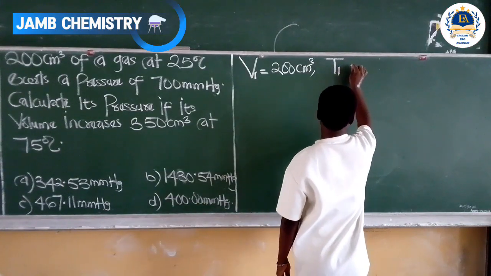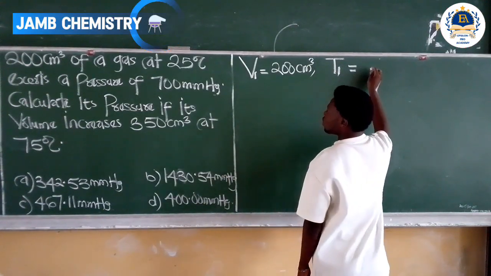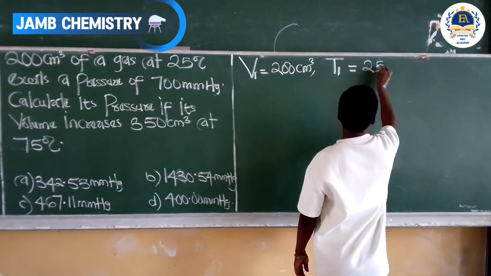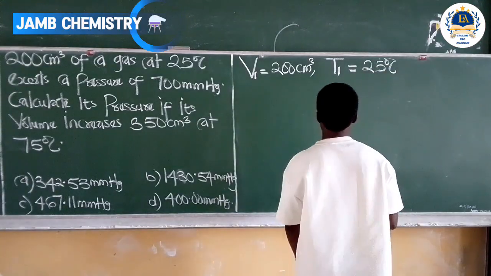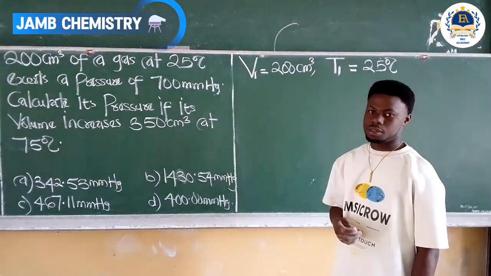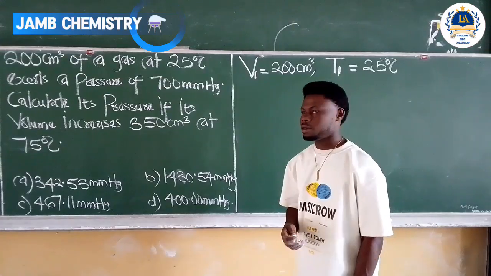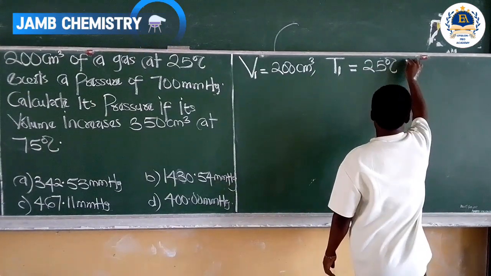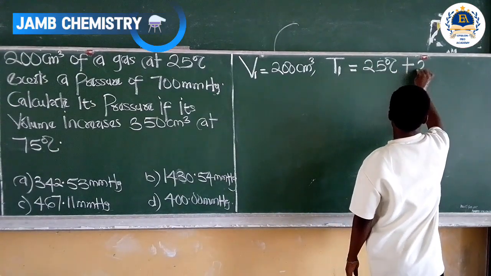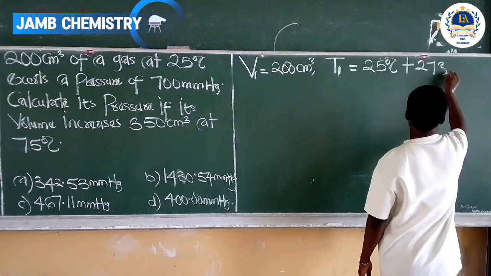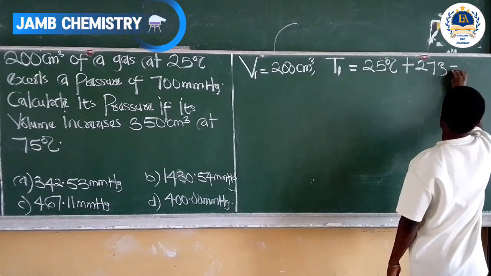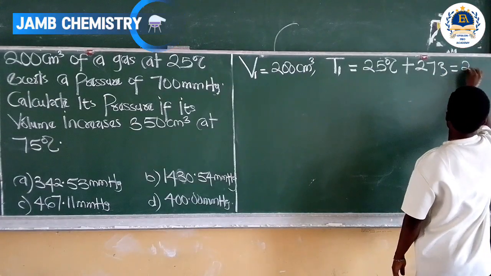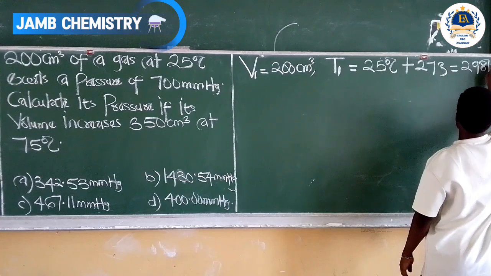T1, the initial temperature, is equal to 25 degrees Celsius. We can't use the 25 degrees Celsius; we have to convert this to Kelvin. To do that, it becomes plus 273, and this will give 298 Kelvin.